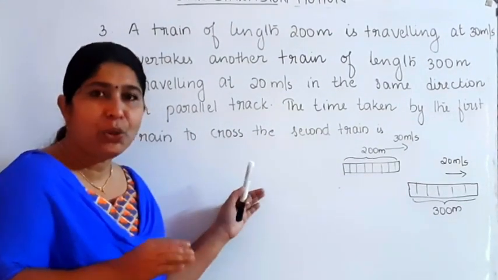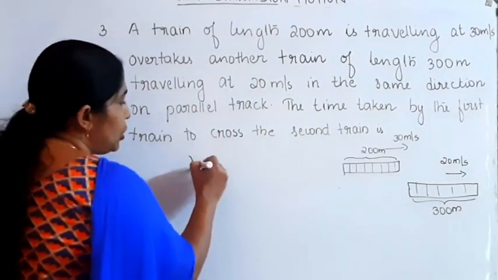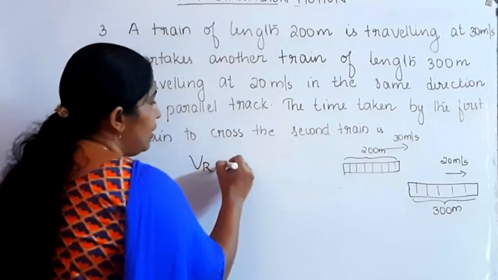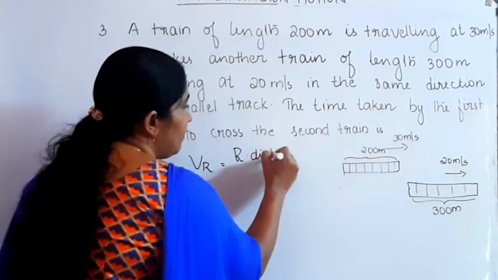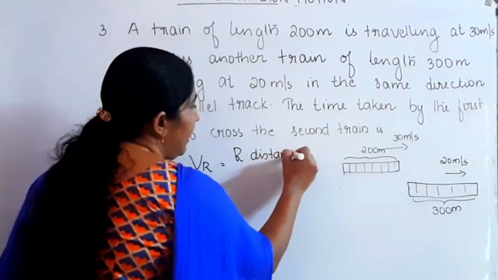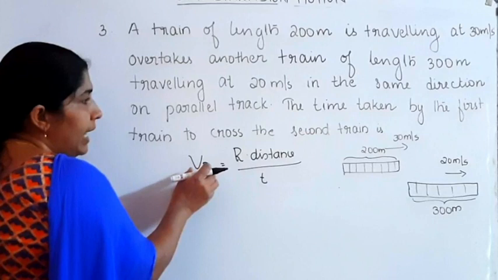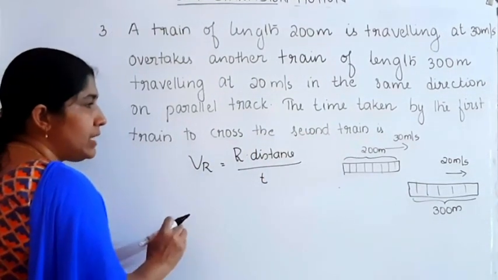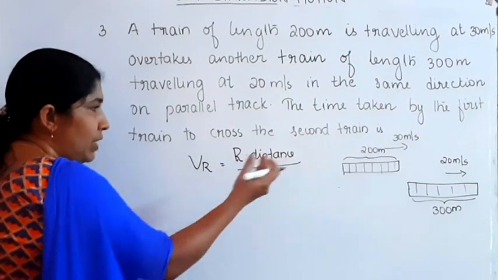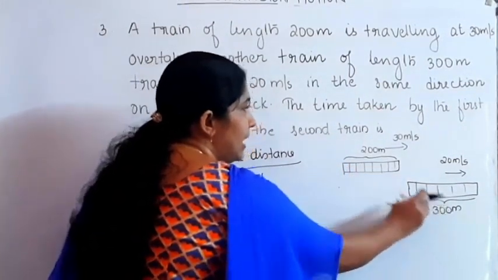Okay, here we want to take the relative velocity. V relative is equal to relative distance divided by time. Here the two trains are moving in the same direction. Therefore, the relative velocity is equal to VA minus VB, or velocity of the first train minus velocity of the second train.